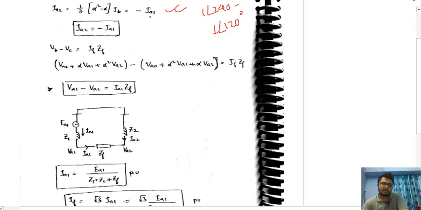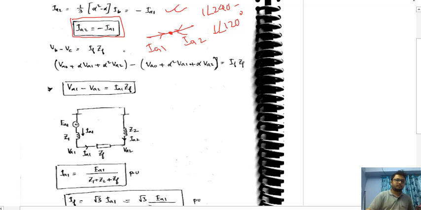So in that case we got some other value, and here we got some other value. So IA2, the negative sequence current, how much did we get? Minus IA1. So remember this. Negative sequence current and positive sequence current are opposite to each other. If negative sequence is flowing like this, positive should flow like this. So IA1 and IA2 are meeting at a point. This is the meaning of this.